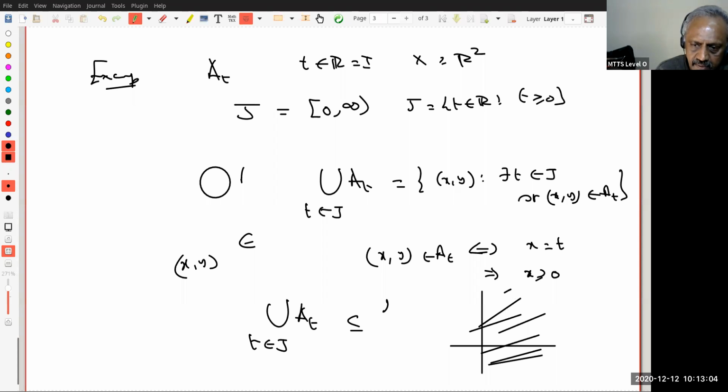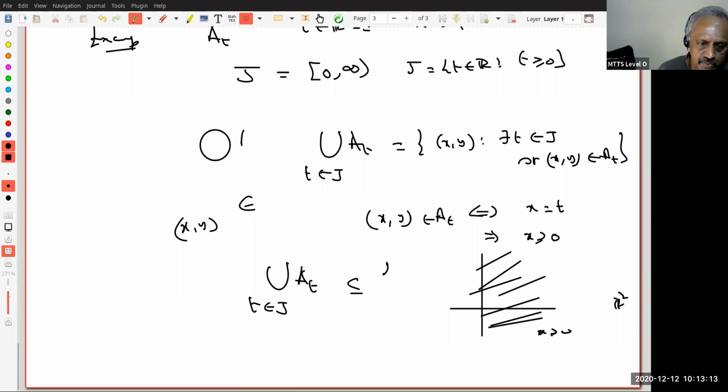Therefore, I know the union of A_t, t in J, is contained in this set, x greater than or equal to 0 in R². It is contained in, but is it equal to? I have to prove the other way around. So you start with the point (a, b) here with a greater than or equal to 0.